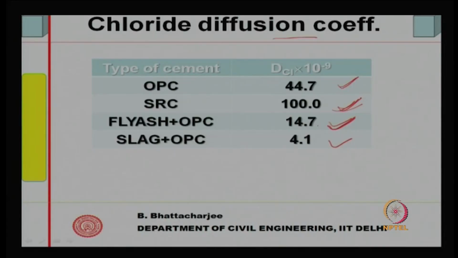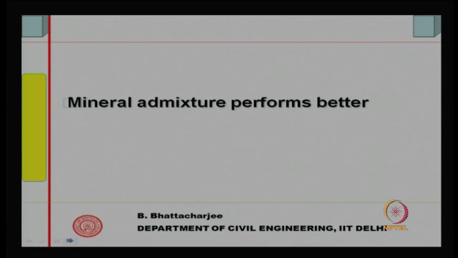The penetration process becomes less. Slag and fly ash may be able to physically bind some chloride, but more importantly they make the concrete more impervious. Therefore, fly ash and OPC, slag and OPC, the mineral admixture additions perform better as far as chloride diffusion coefficient is concerned.